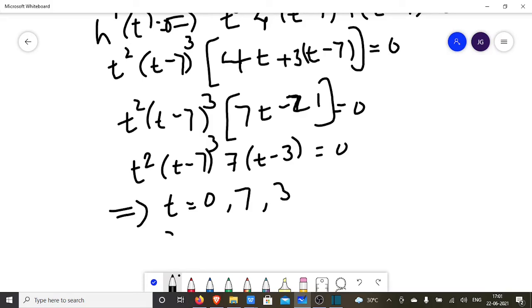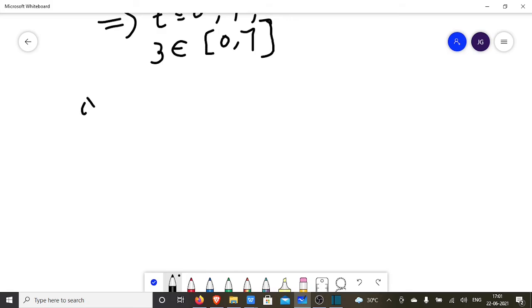And of these, 0, 3 and 7 are elements of the closed interval 0, 7, and in the open interval 0, 7 we have c equal to 3.